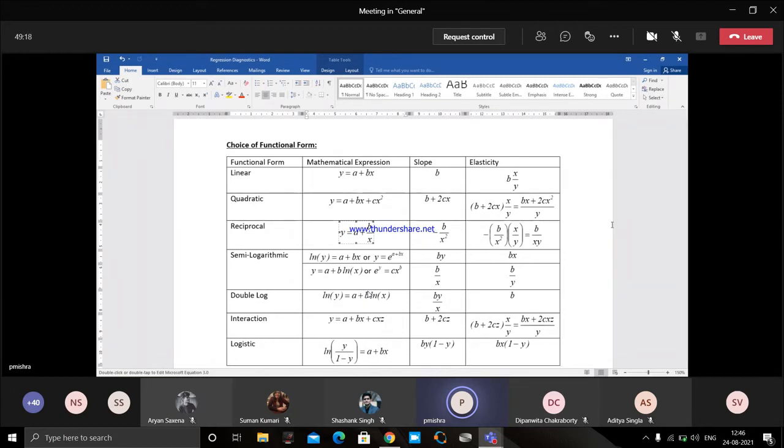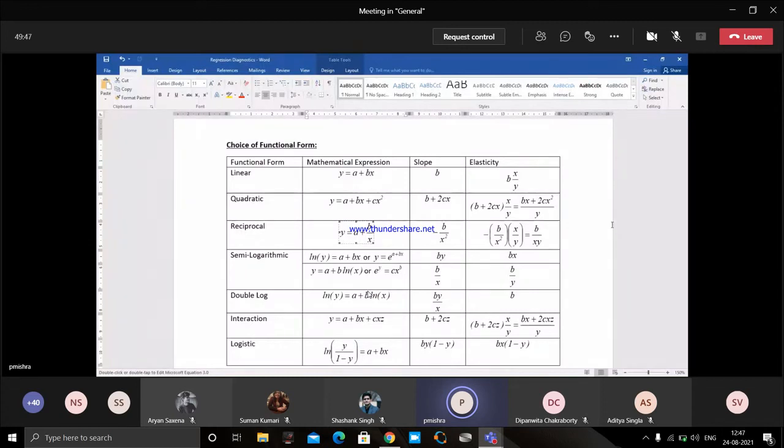So, both the functions are actually catering to the basic principle of the law of demand. That is, the inverse relationship between price and quantity demanded. But if you move beyond that, like as I said, the asymptotic properties, slope, elasticity, you will see the differences.